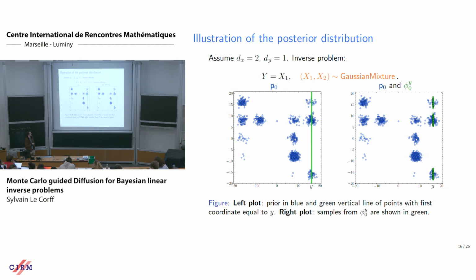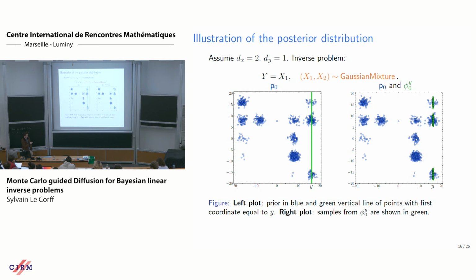So one of the main focuses that Gabriel and Yazid worked on during the experiment was to solve in-painting related problems where you observe only a part of your data. So for images, you can think that you removed part of the image and you want to recover what you removed.